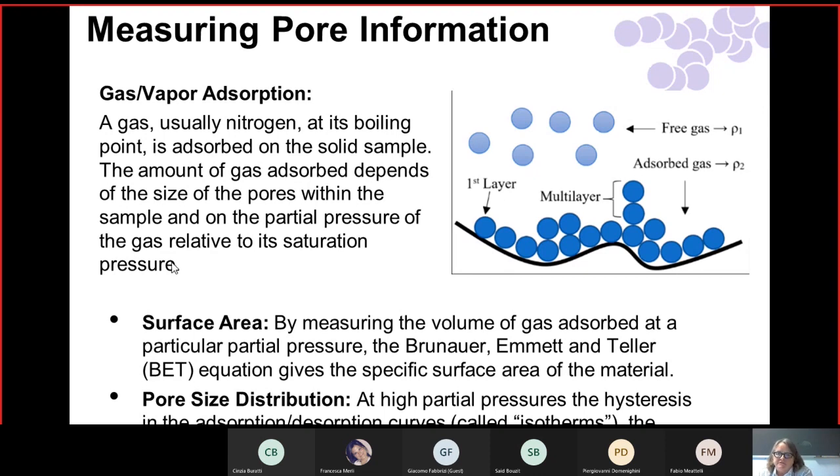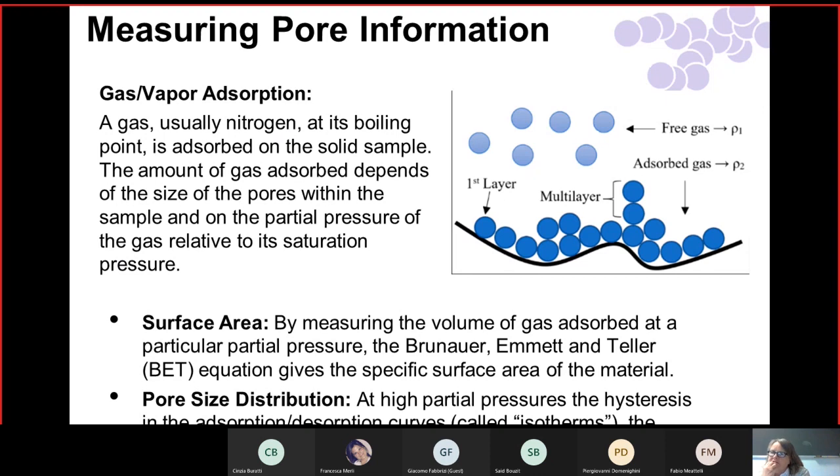So gas adsorption is a technique that measures the amount of gas adsorbed at different pressure settings. It is able to determine how much gas is adsorbed onto a surface.